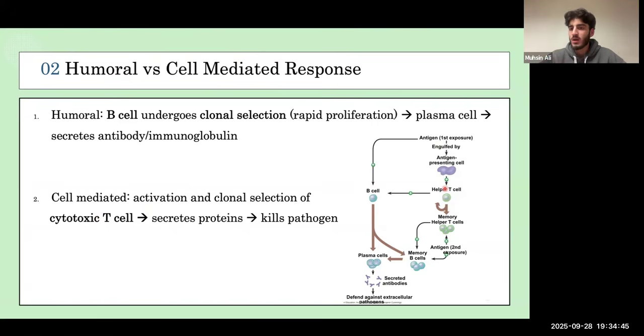It's going to proliferate rapidly, in the same way by clonal selection that the B cells underwent. It's going to secrete proteins, and these proteins are going to kill or eventually lead to the damage of the pathogen. So I hope that's clear. Okay, just to clarify, B cells are made in the bone marrow but mature in the lymph nodes and spleen.